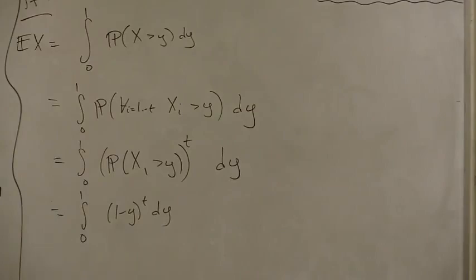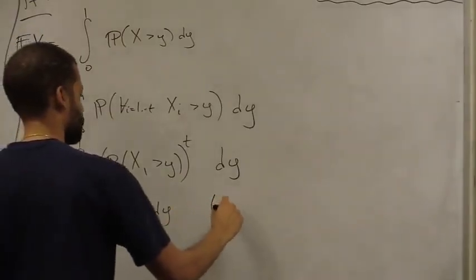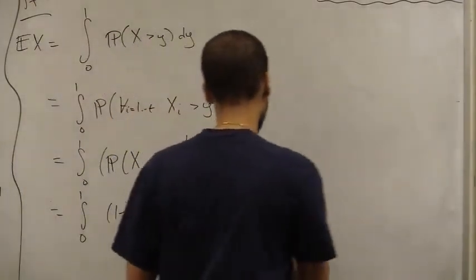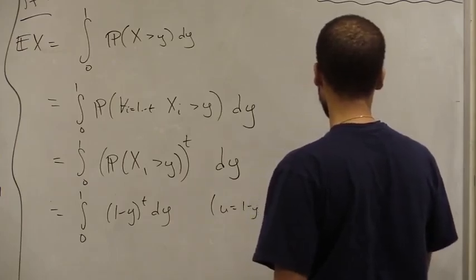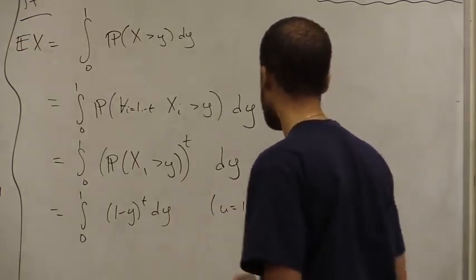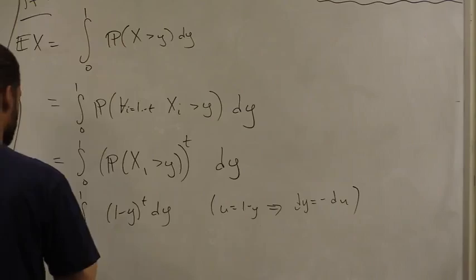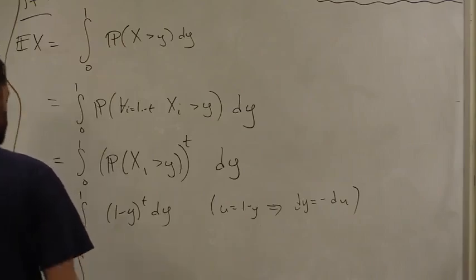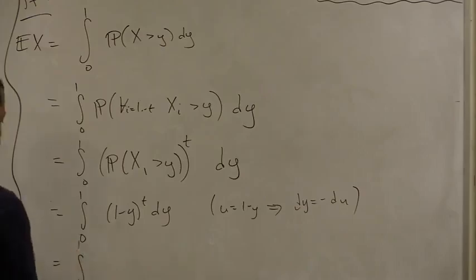Okay. And then you can do a u substitution, right? Just set u to be 1 minus y, which implies that dy is equal to minus du. So this is equal to the integral, and u now goes from 1 to 0, and there's a minus sign.